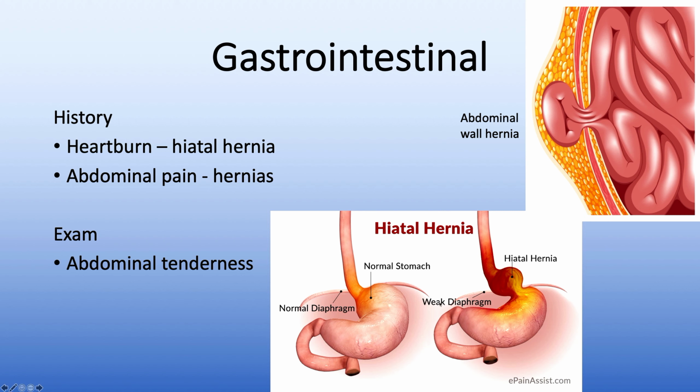The hiatal hernia is another kind of hernia that happens through the breathing muscle, the diaphragm, between the chest and abdomen. And sometimes there's just a little too much space in that area, and the stomach can actually start to migrate through this hole and become trapped in the chest.